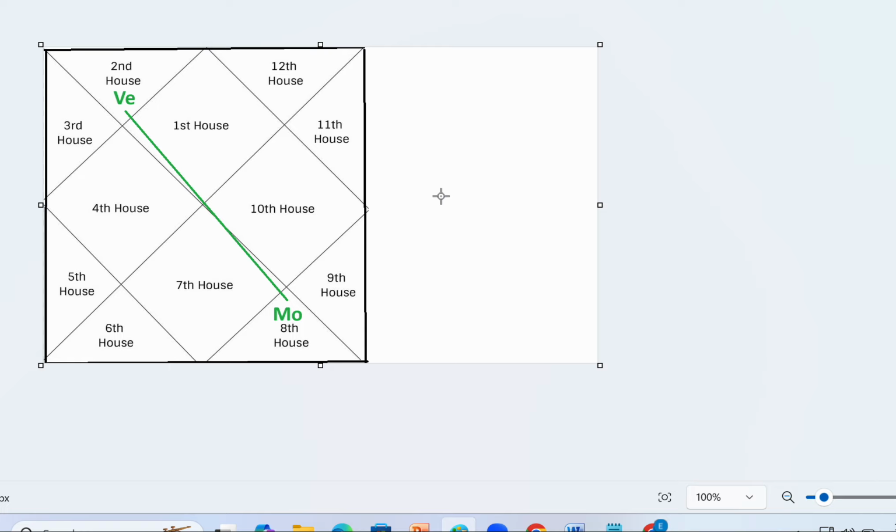Can I say that he will have problems in his throat, his mouth? He may lose his voice, vocal cord problems. Can I say that? Can I say his wife will have a major illness?